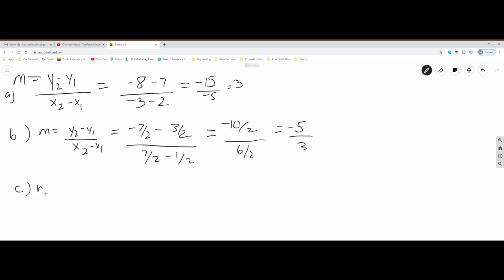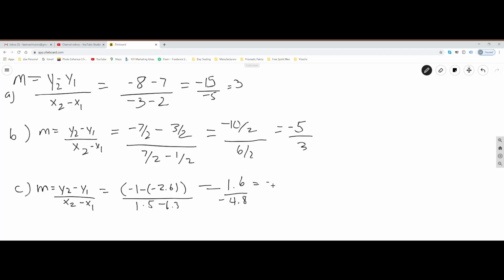So we get slope equals y2 minus y1 over x2 minus x1, equals negative 1 minus 2.6 over 1.5 minus 6.3, equals 1.6 over negative 4.8, equals negative 1 over 3. So that's the answer for C.